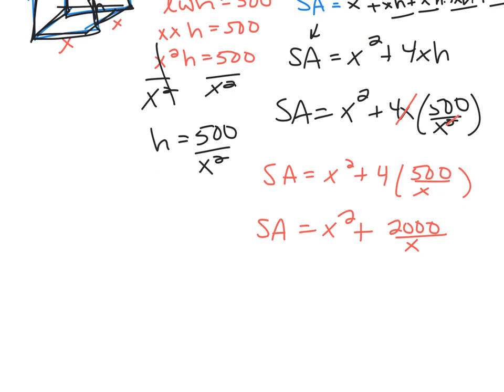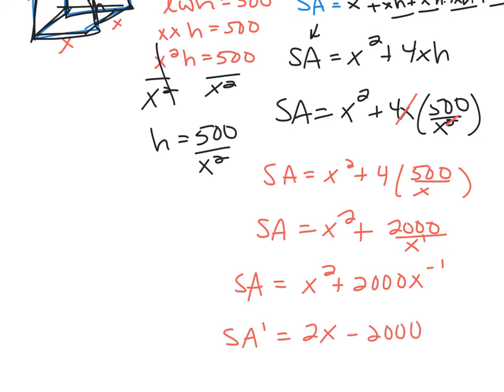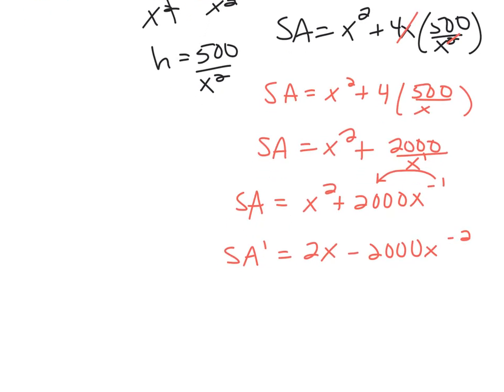And usually what I do to make the process of getting my derivative easier is I'm going to make this 2,000 times x to the negative first, which is just bringing that x in the denominator up. Now I can take my derivative, so I get 2x minus 2,000 times x to the negative second. The reason why I get minus 2,000 is because I brought that down and subtracted 1 from the exponent.